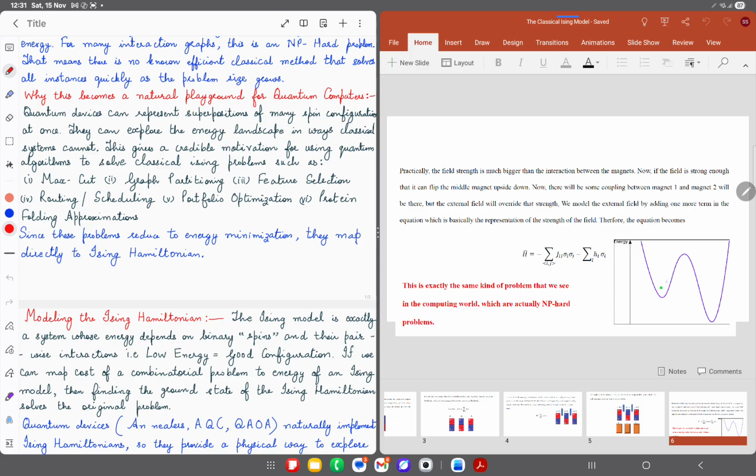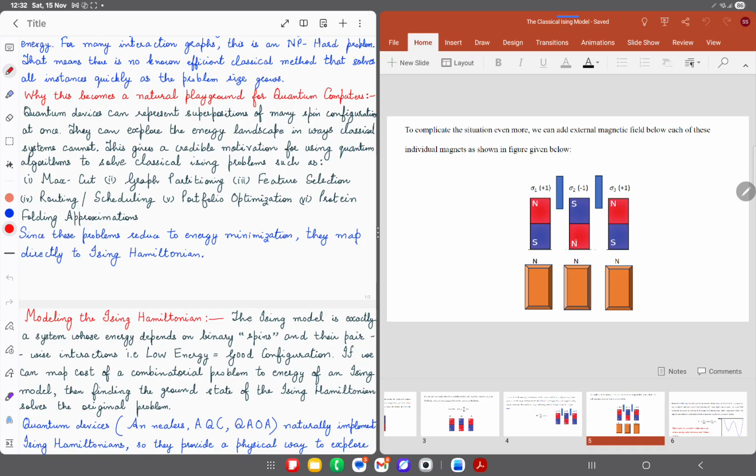Now, for example, this energy diagram is showing that the system may settle to a local minima also, but if we use the coupling strength, if we use the external magnetic field, that can actually take the system out, because we are adding a turbulence to the system.